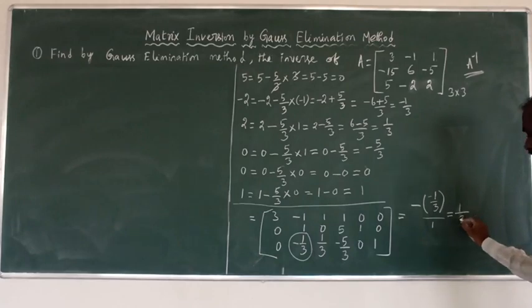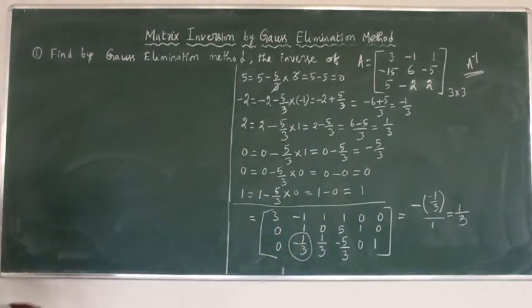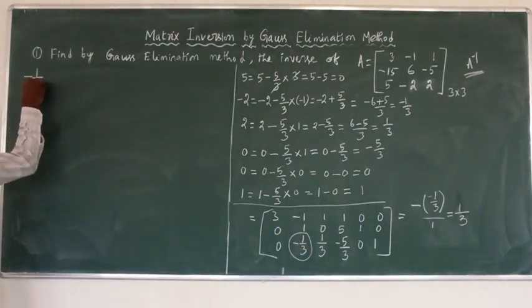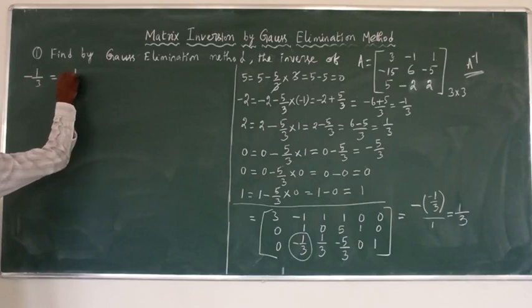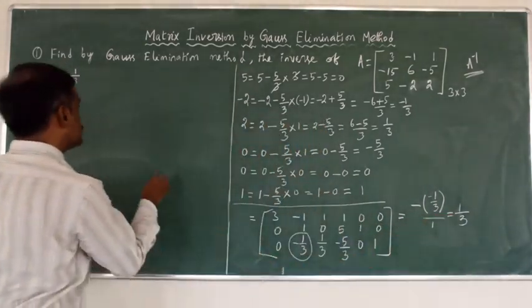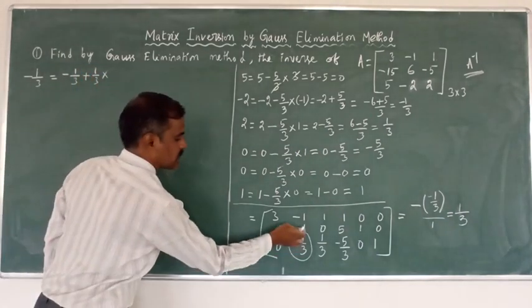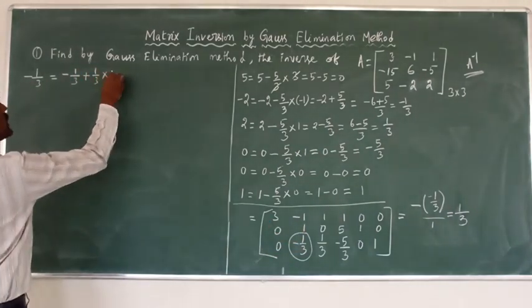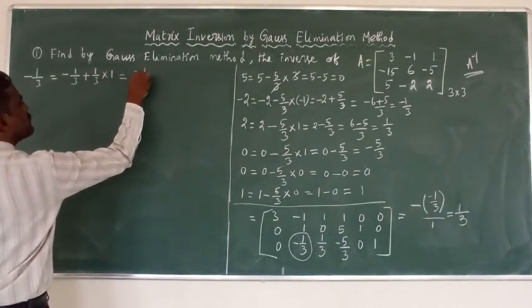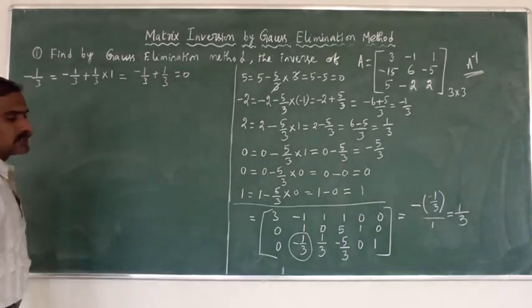Okay, 1 by 3. Now to find out this one, minus 1 by 3 equals minus 1 by 3 and here plus 1 by 3 into the corresponding R value equals minus 1 by 3 plus 1 by 3 equals 0.